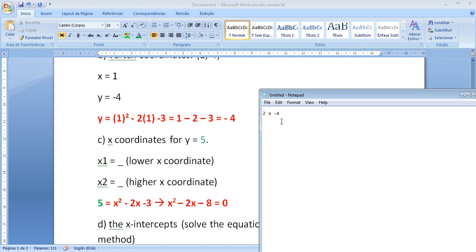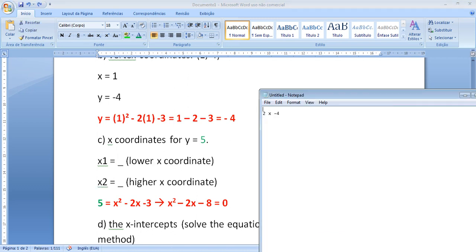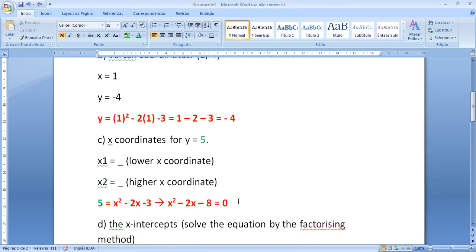So 2 and minus 4. Oh, sorry, these are not the coordinates of x. Let's see.